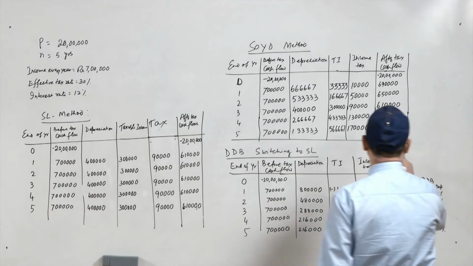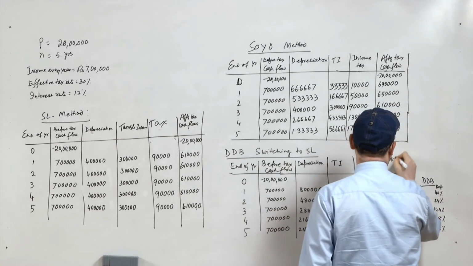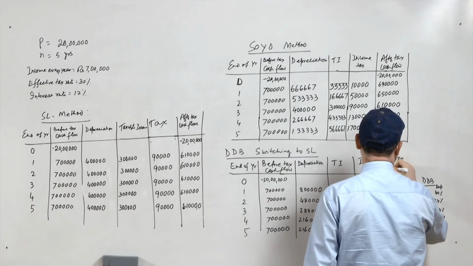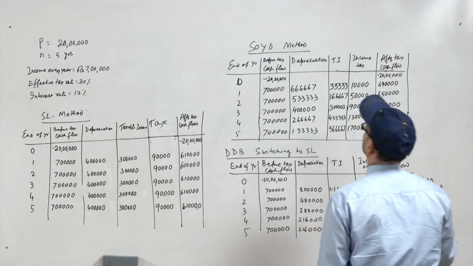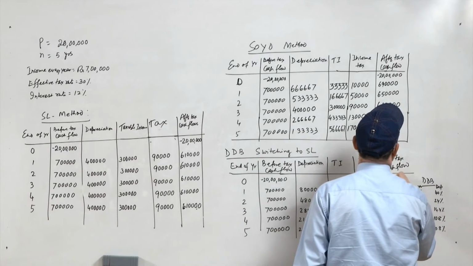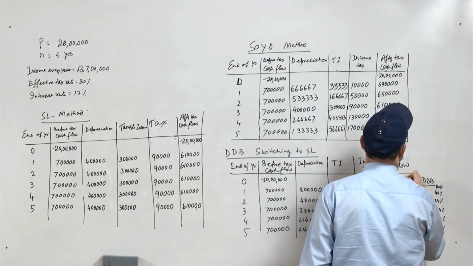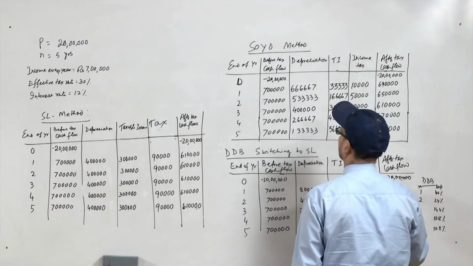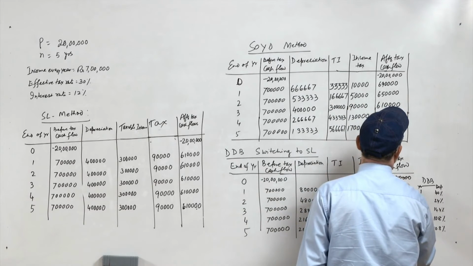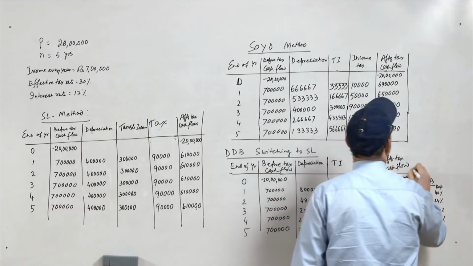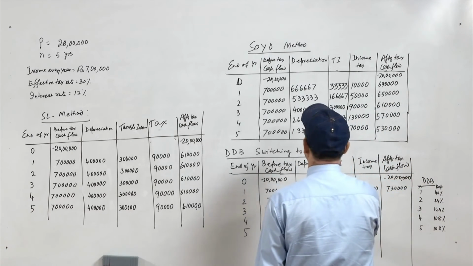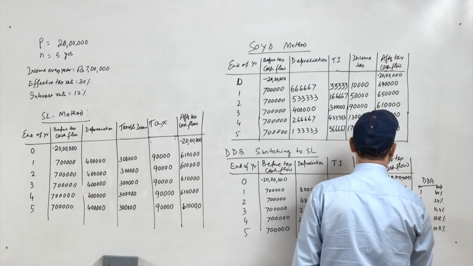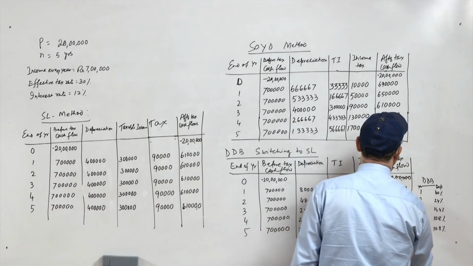After tax cash flow, this can be seen as minus of 20 lakh. Here it will increase by 730,000. You have 7 lakh minus 66,000, 6 lakh 34,000.